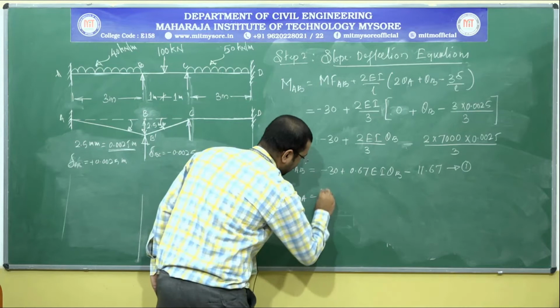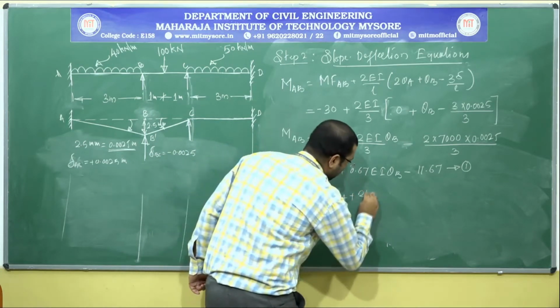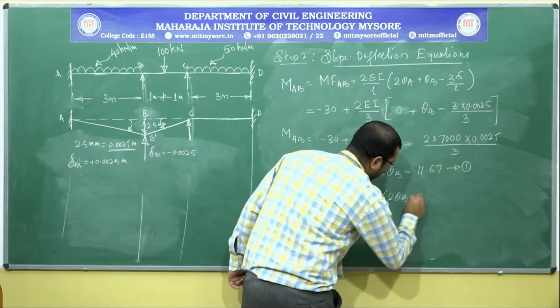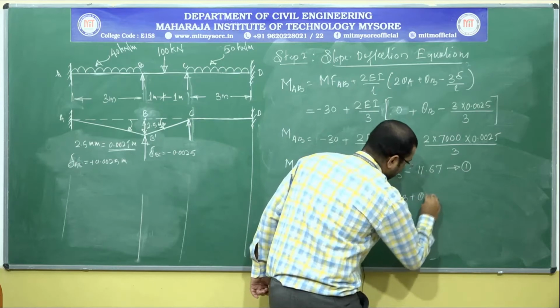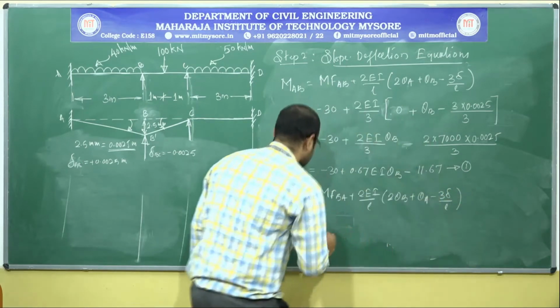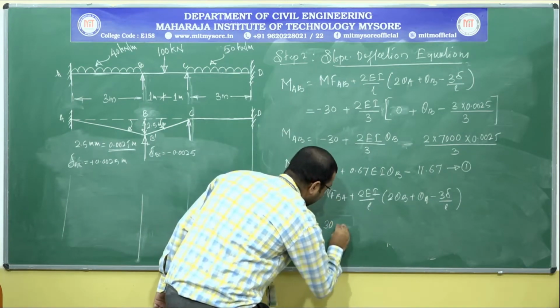MBA is equals to MFBA plus 2 EI by L into 2 theta B plus theta A minus 3 delta by L. So, here MFBA value is plus 30.